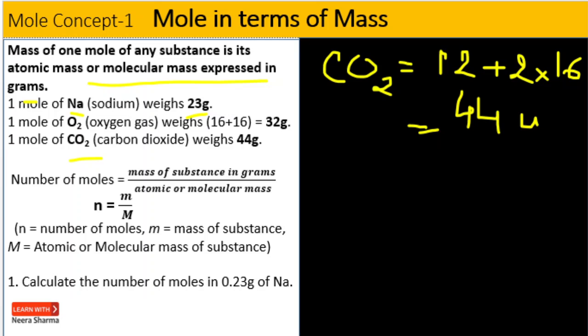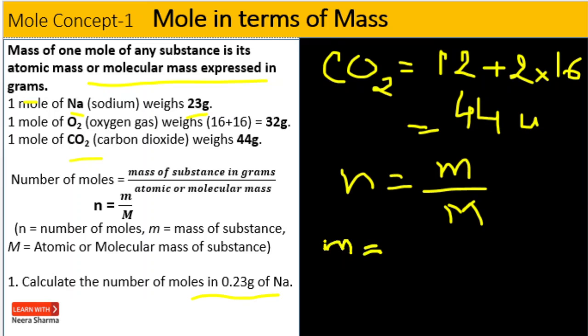So if we have to calculate the number of moles in 0.23 grams of sodium, number of moles is equal to mass by molecular mass. So what is given? 0.23 grams of sodium.